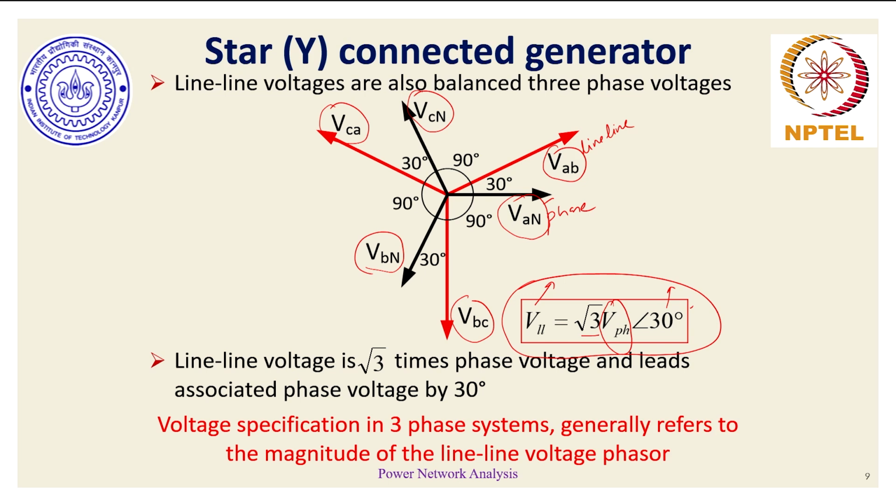And remember, for synchronous generators and three-phase circuits, the voltage specifications refer to line-to-line RMS voltages. So for a 20 kV synchronous generator, where 20 kV refers to the line-to-line RMS voltage, the corresponding phase voltage observed in the stator windings would be 20 by root 3 kV. So essentially my windings need not operate at higher voltages. The terminals automatically have those higher voltages, and that's how insulation savings can be made.